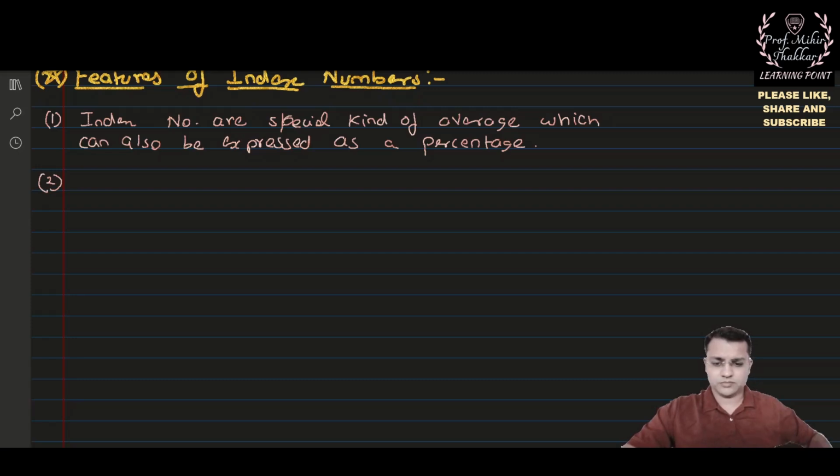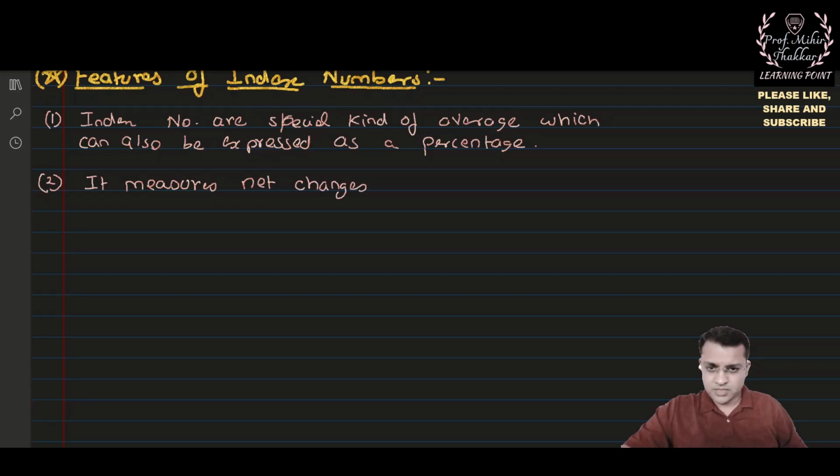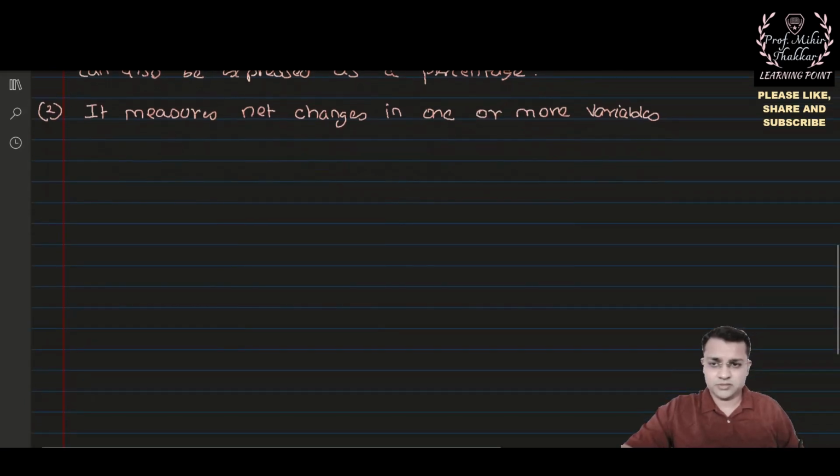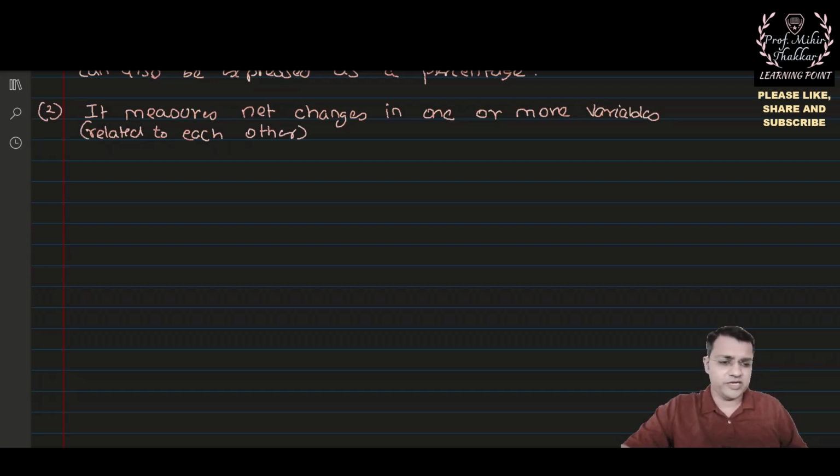Number two, it measures net changes in one or more variables related to each other. Obviously, the variables have to be related to each other. Like for example, price and demand of a certain commodity, they both are related to each other.